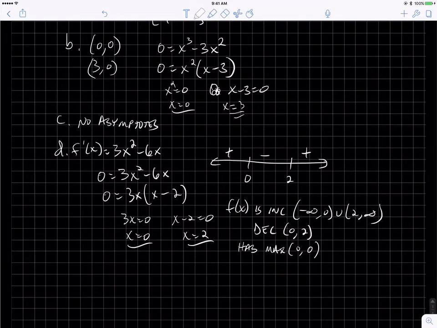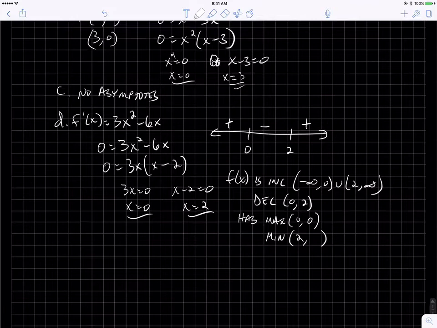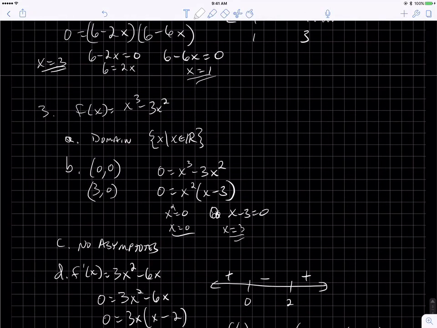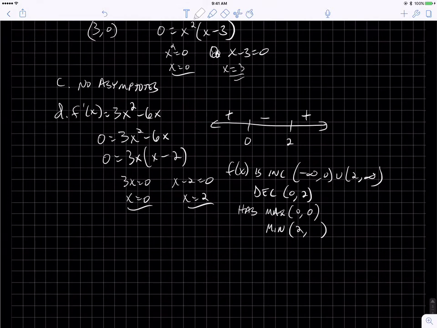We know it's 0 because I already knew (0, 0). It has a min at 2. I have to plug 2 into the original. 2 cubed is 8. So f of 2 equals negative 4.